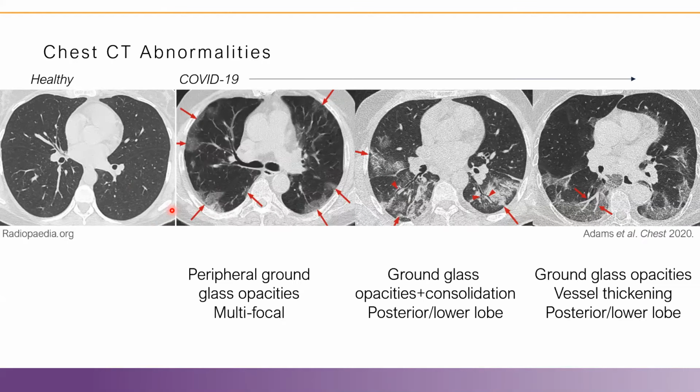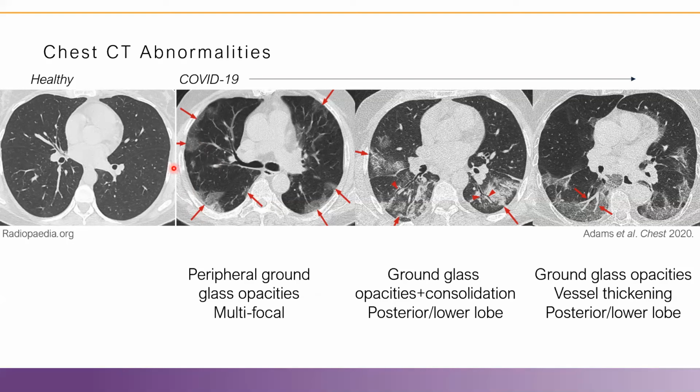And then showing here some different example cases of COVID-19 to describe the most common radiological abnormalities we see on CT. Most commonly, there's peripheral ground glass opacities, which are highlighted by the red arrows here, and they're typically multifocal.